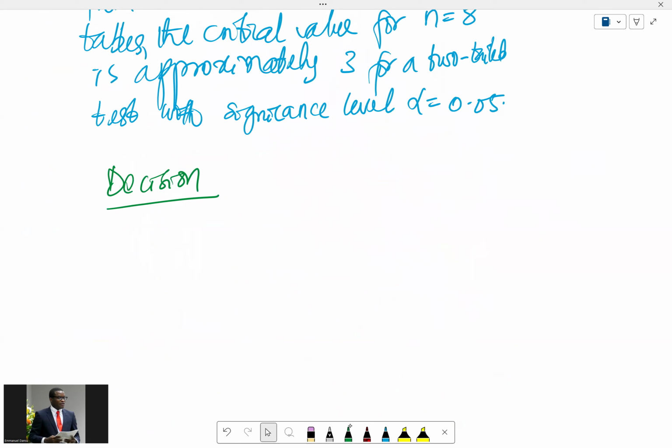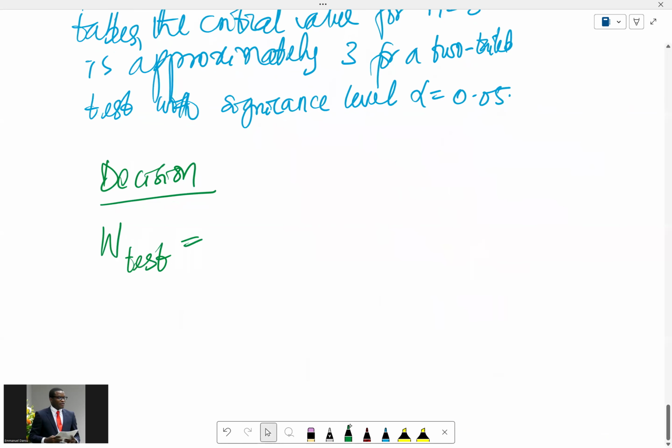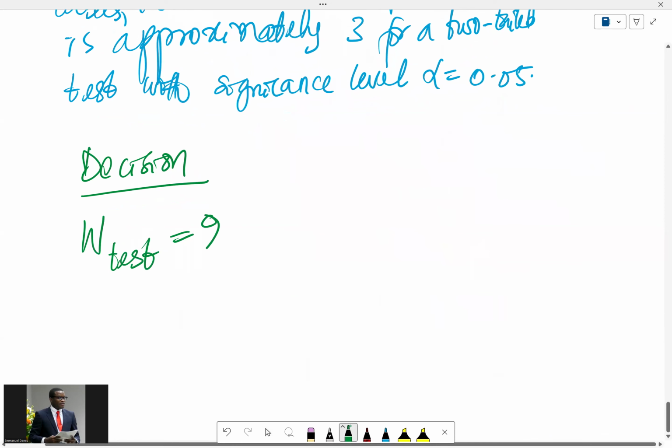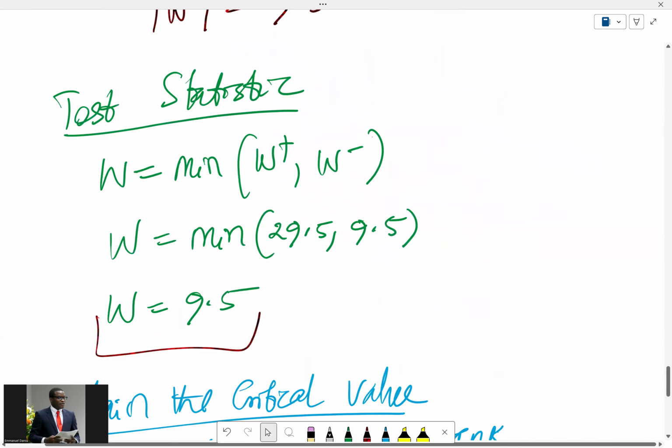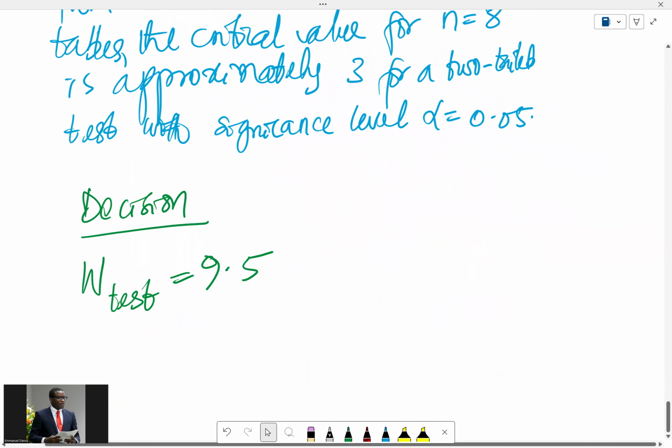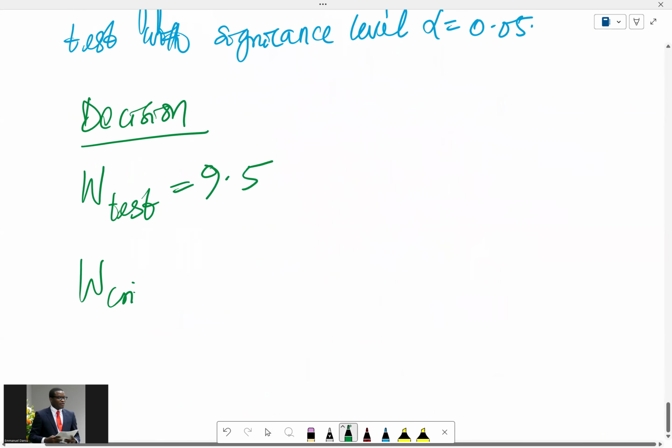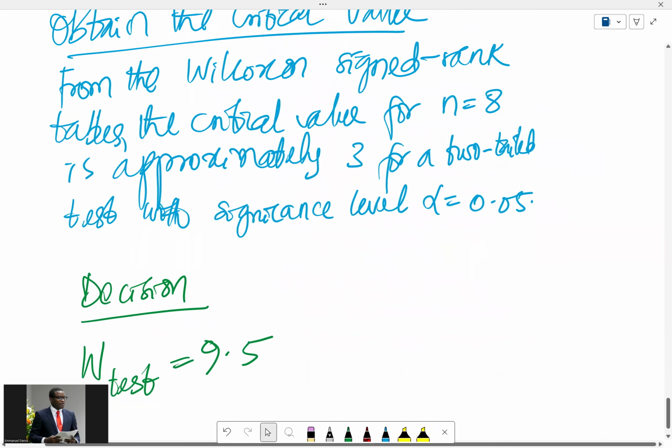So again, for the decision, what do we have? We have W test, that's the test statistic. W test is 9.5. That's what we got from here. Then the W critical is 3, from the Wilcoxon signed rank table, based on the sample number n equals 8 at this significance level for a two-tailed test.